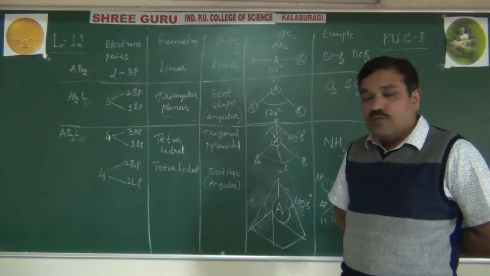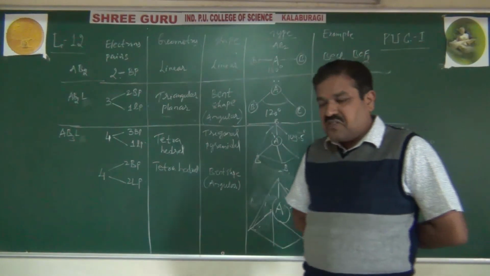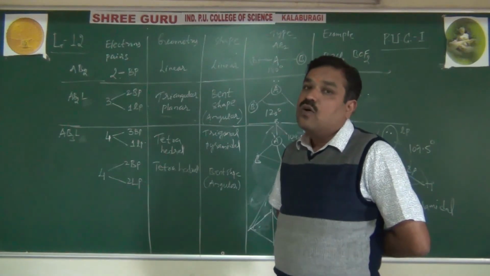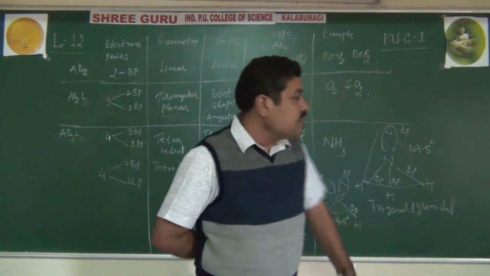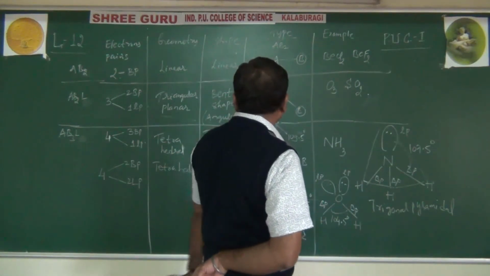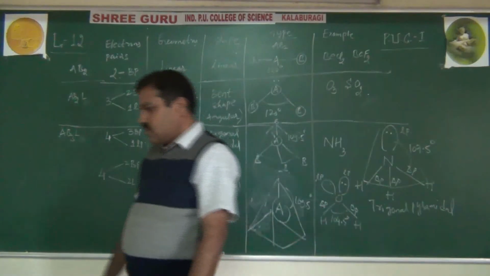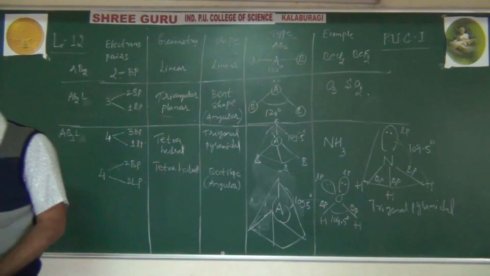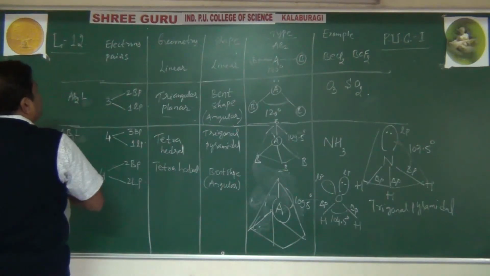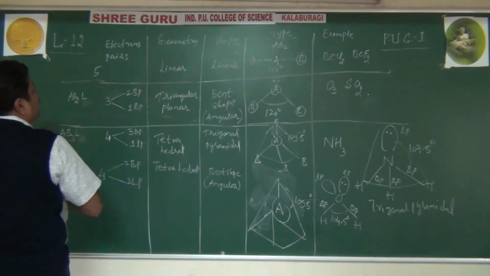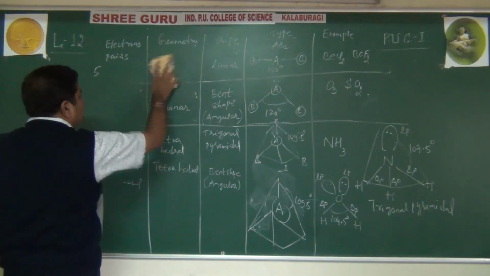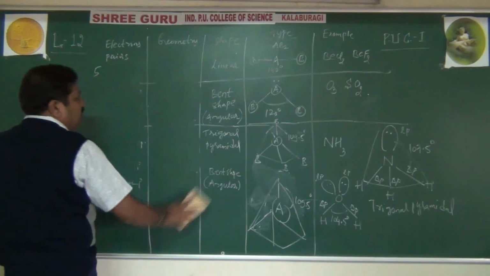Now, if there are 5 electron pairs, I told you the geometry is trigonal bipyramidal. If all are bonding pairs, that is the shape; if some are lone pairs, let us see how they distort it, from the exact geometry to the shape. Now let us go for the case where the number of electron pairs is 5.